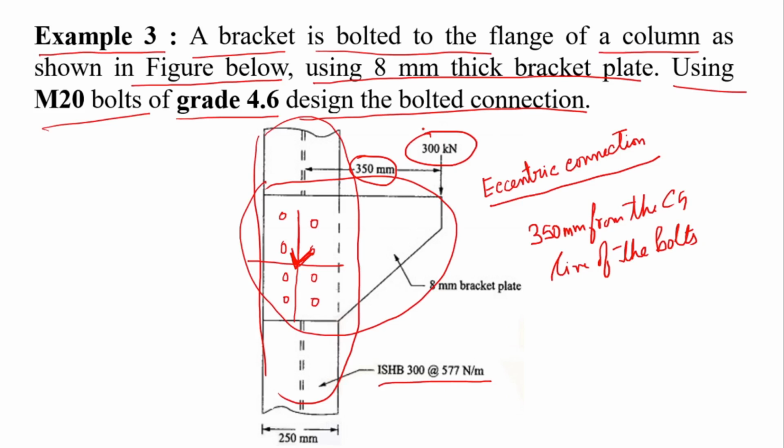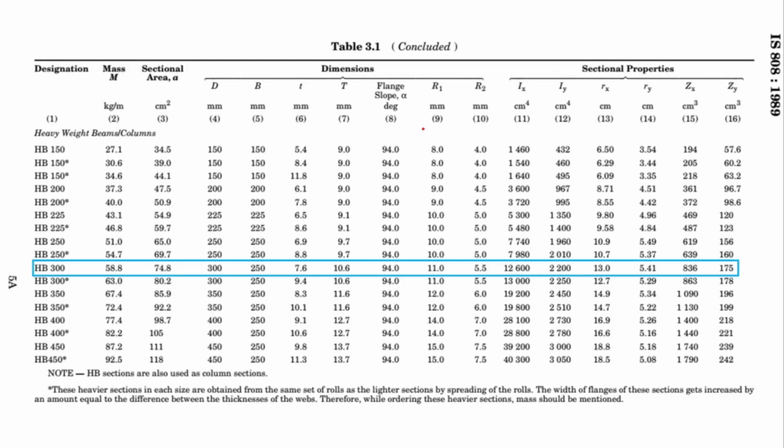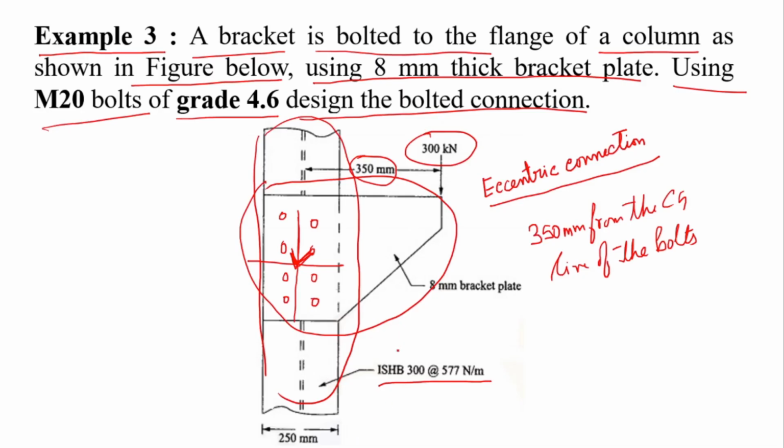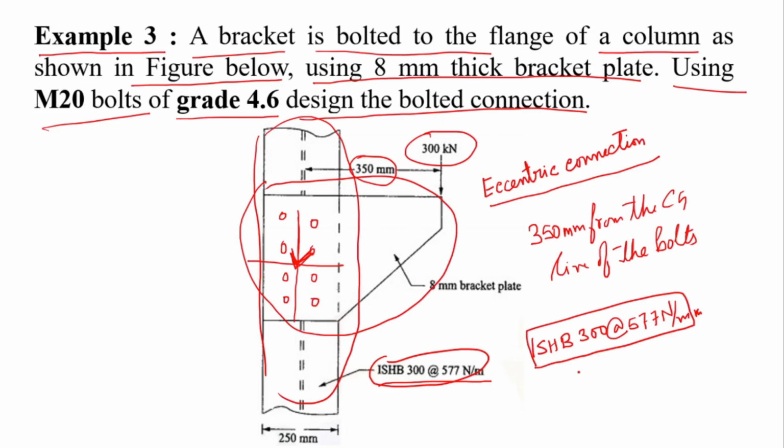So next, let's start the design problem. According to the question, ISHB 300 at the rate of 577 Newton per meter, I section, is used.